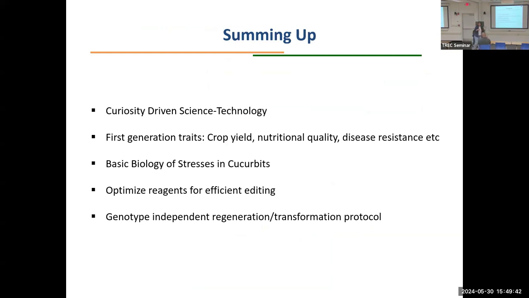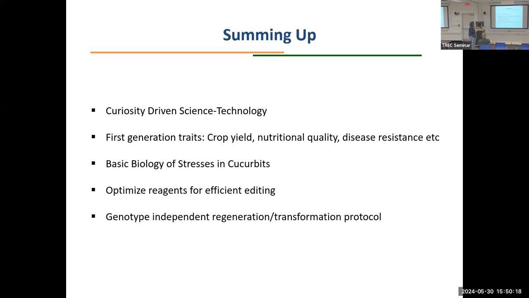If we know the target, if we know the gene, it is very easy to develop crops with high yield, better nutritional quality and disease resistance, because this technology is very efficient, very powerful, very simple to use, and very precise.